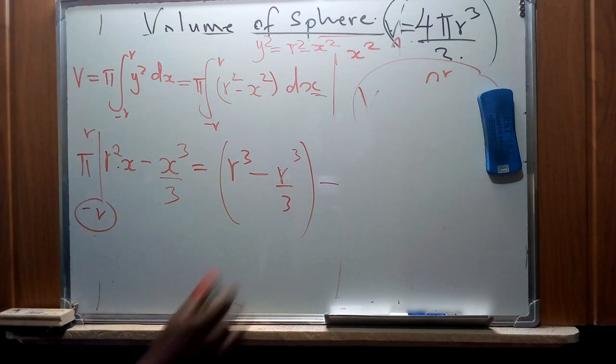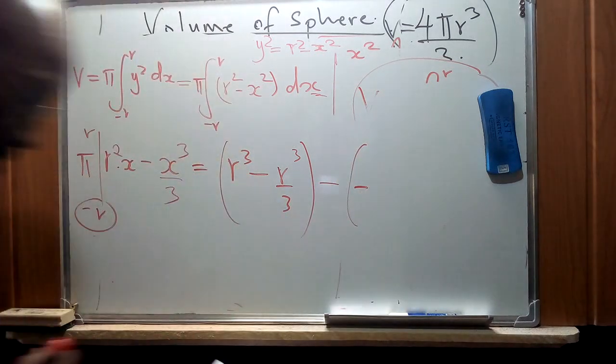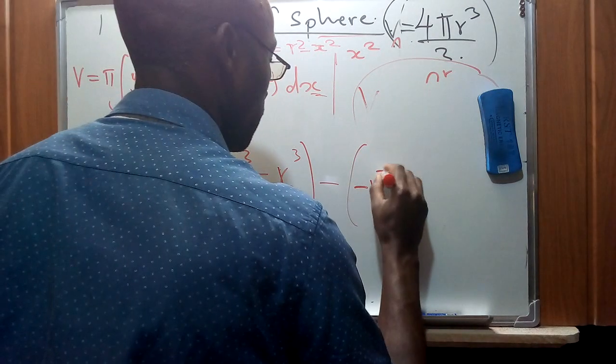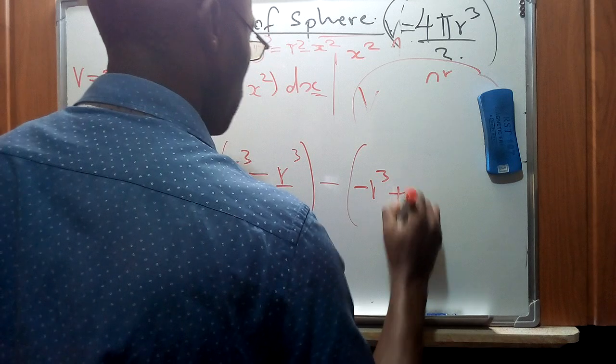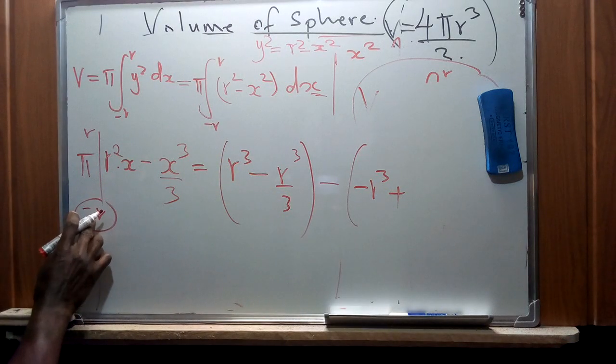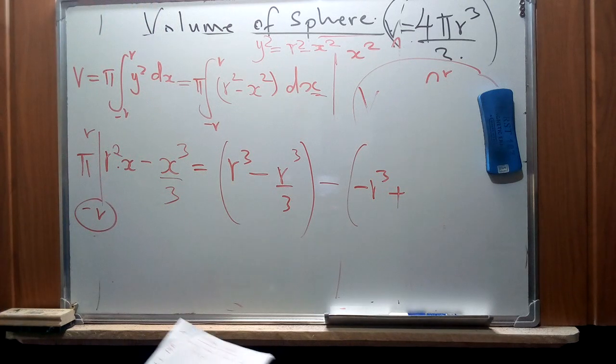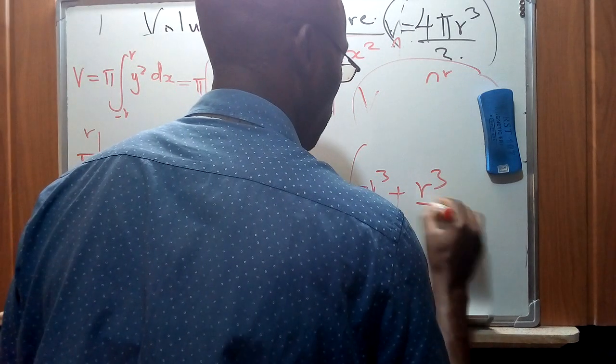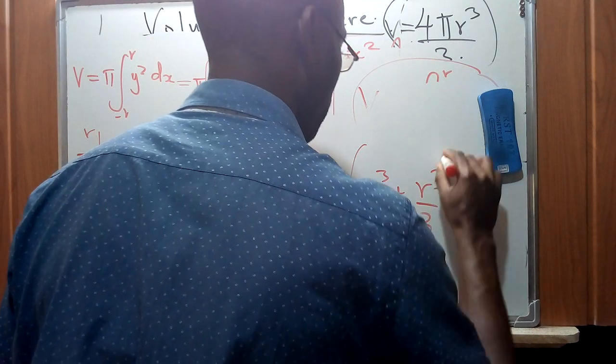This becomes minus negative r cubed, which is plus r cubed, and then minus negative r cubed over 3, which is plus r cubed over 3.